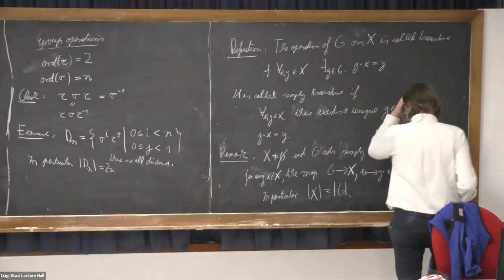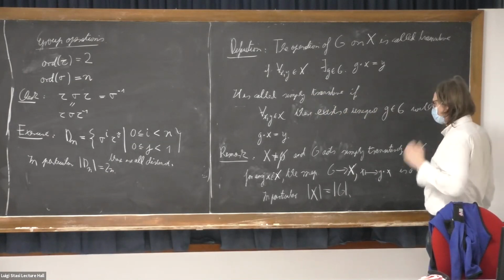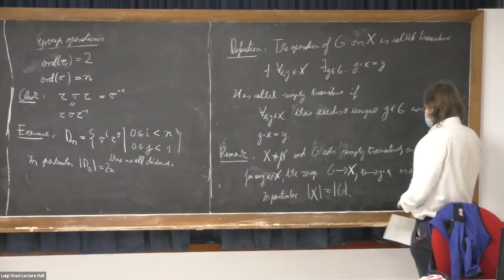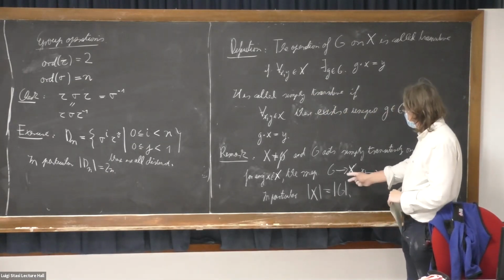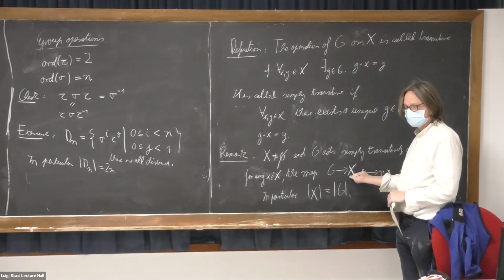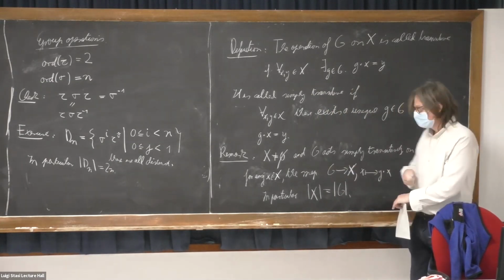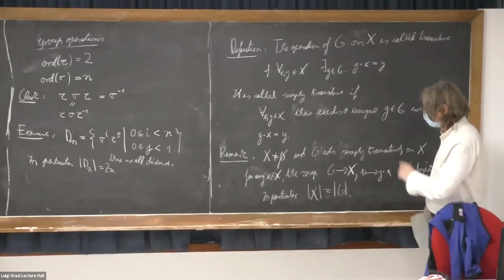And in some sense, and this is sometimes a useful viewpoint, but we're not going to use it in this lecture, you can think then of X basically as if X was a group where you have forgotten which one was the origin, which one was the neutral element.